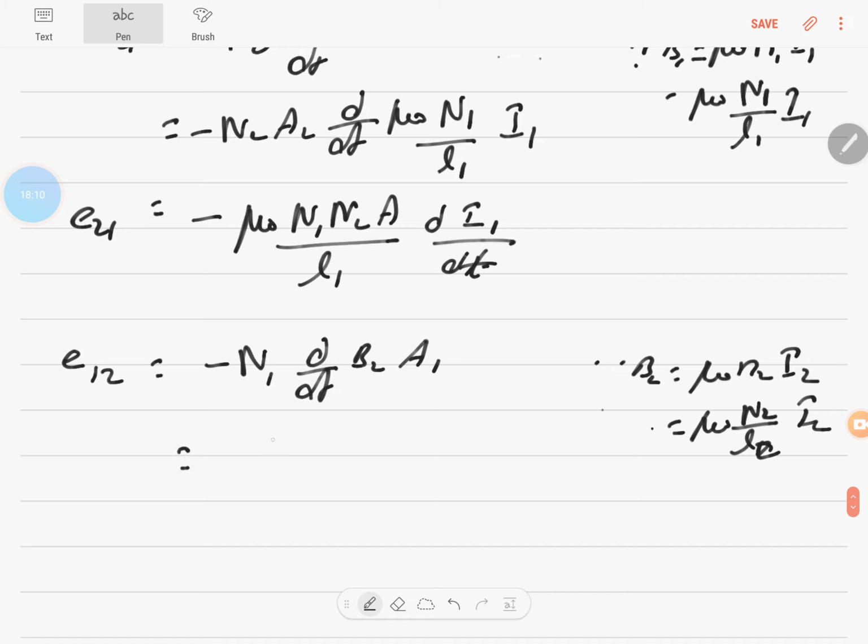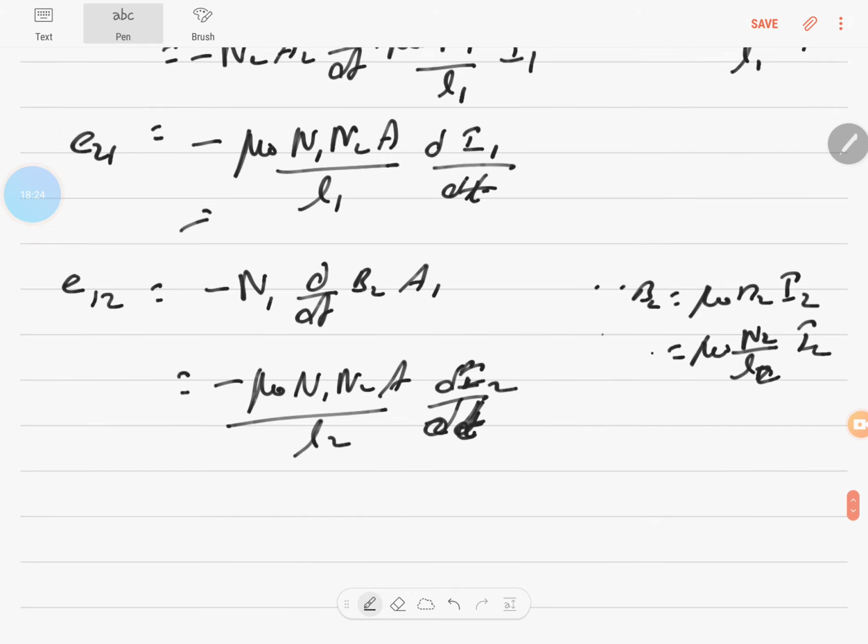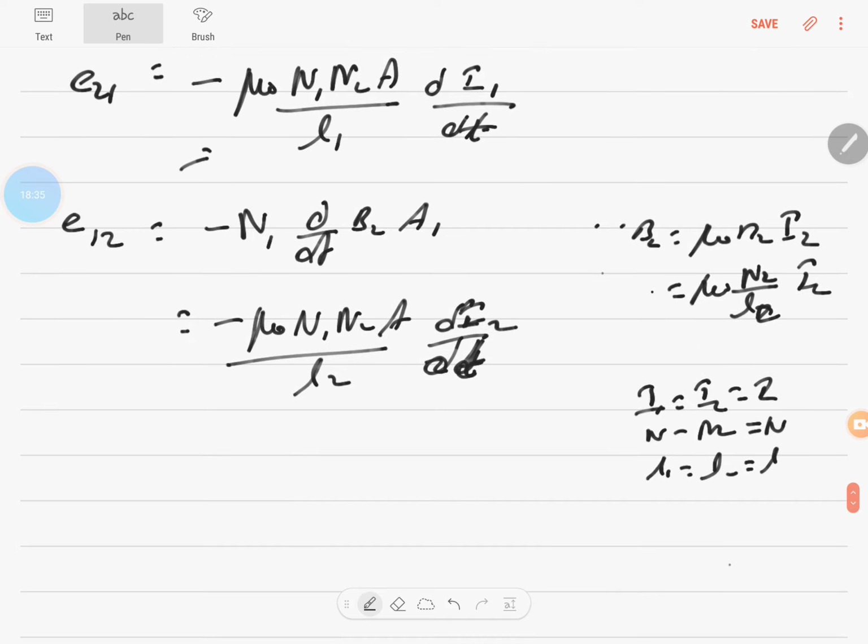Substituting that here, you will finally get a formula similar to this, which is minus mu naught N1 N2 A by L2 dI2 by dt. If I1 is equal to I2, and N1 is equal to N2, L1 is equal to L2, all equal to I, N and L, the whole formula can be replaced, and this is the mutual inductance, can you see?